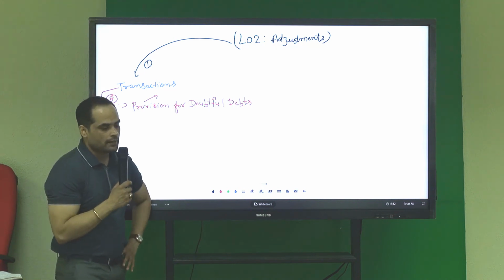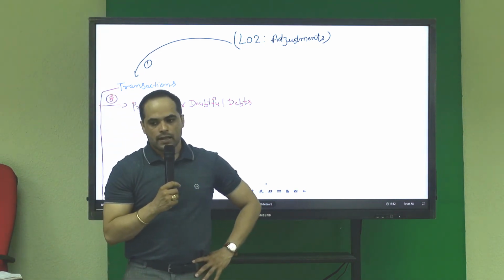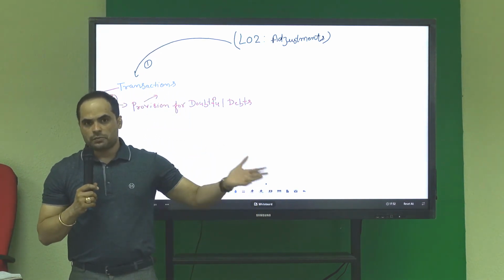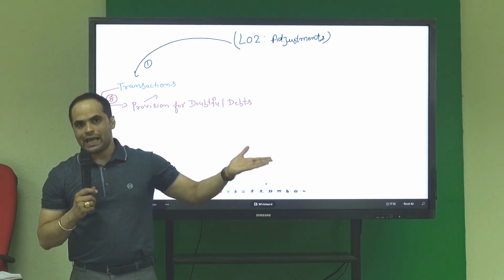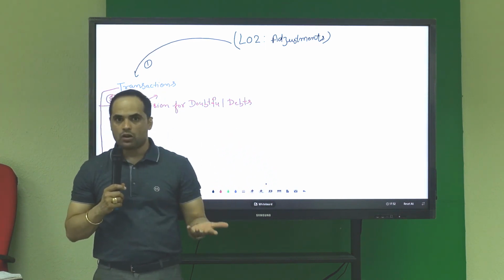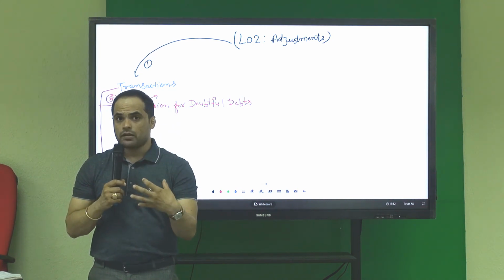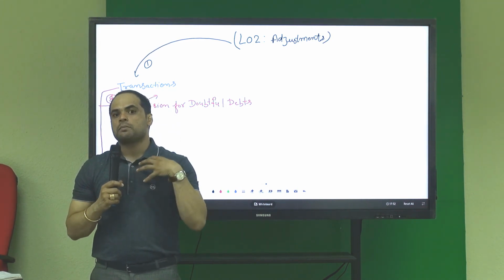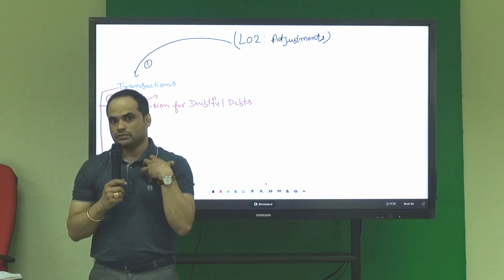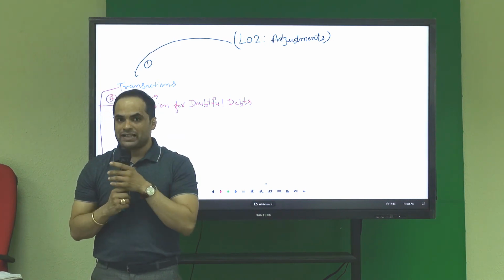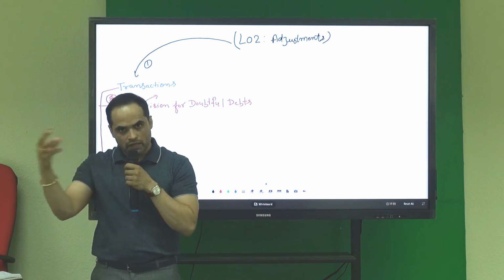So I repeat, the provision for doubtful debts is on the basis of previous facts, we have a doubt that some accounts receivable won't return money to us, so we make provisions.